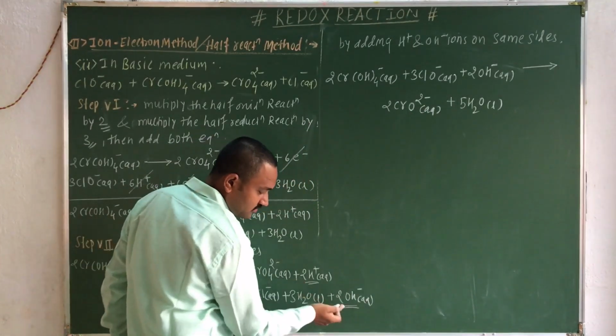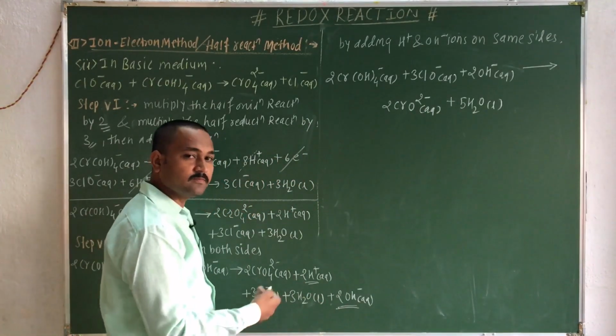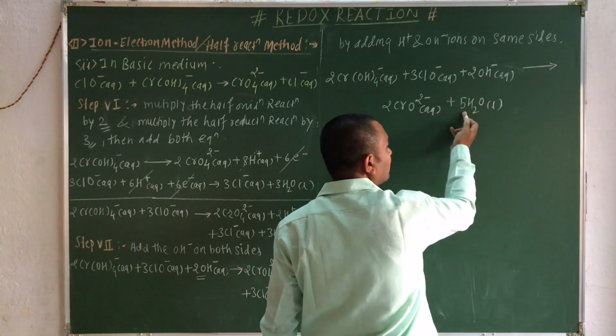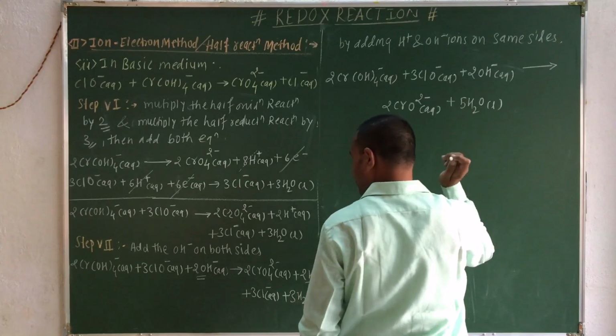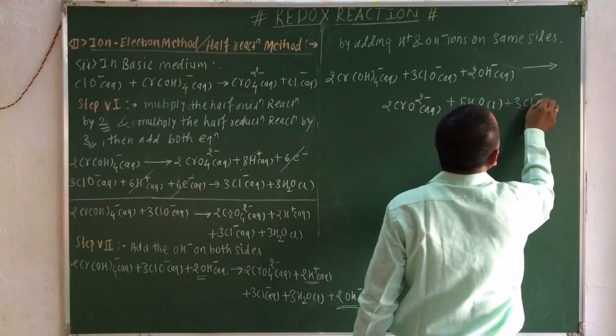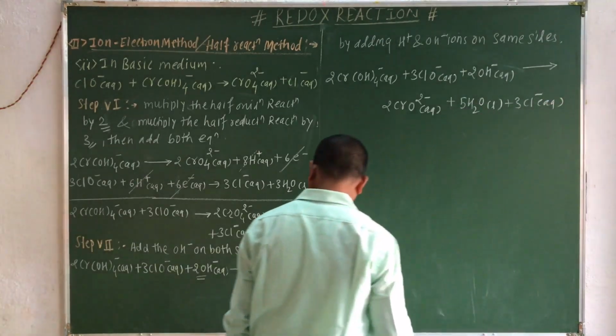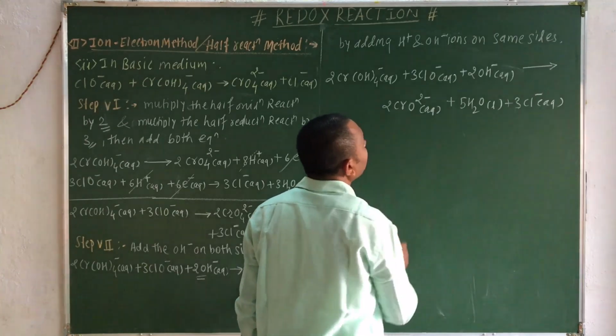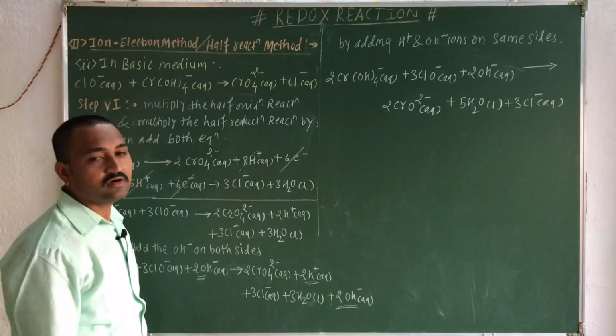This 2 will give the 2 H2O molecules and this 3 will be the other one, so 2 plus 3 equals 5 H2O, plus 3 Cl⁻ aqueous. So this is the overall reaction.